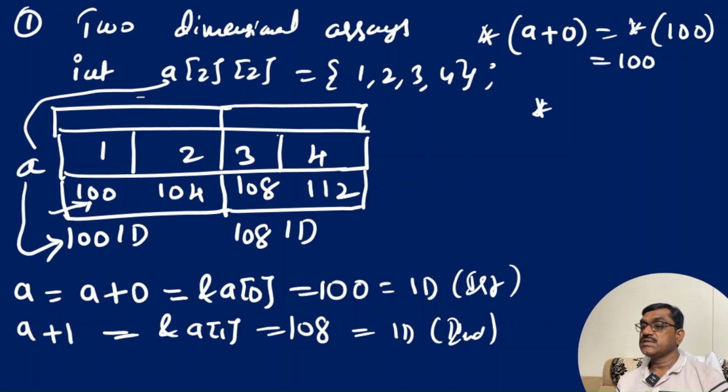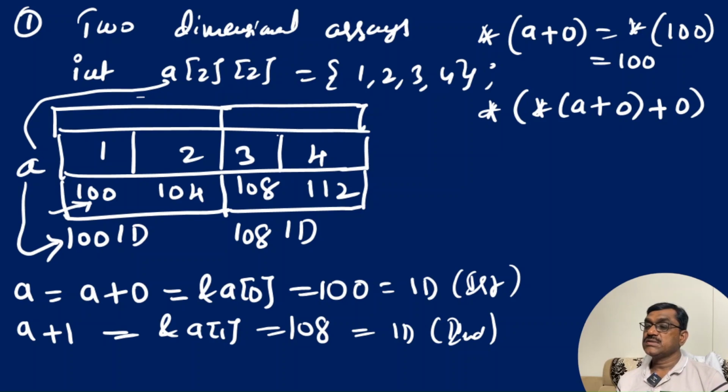Now, if we write star of star of a plus 0 plus 0, what is the meaning of this? It means we are going to access the zeroth element. Zeroth means first element, so we want to access 1.